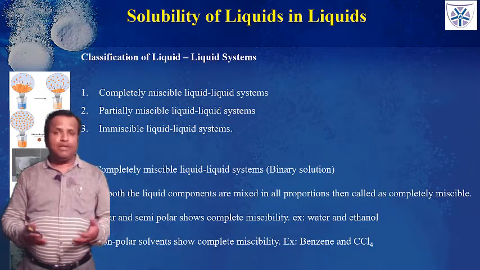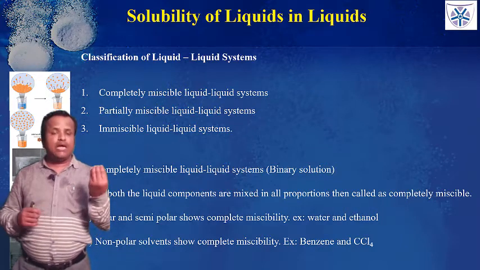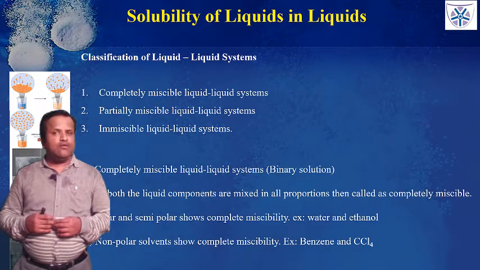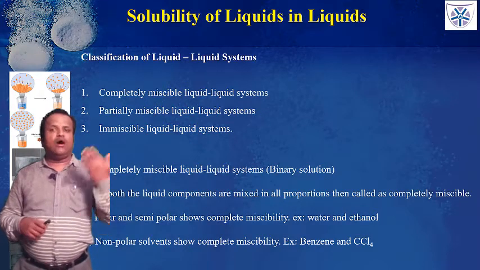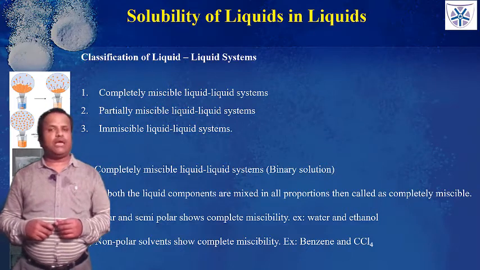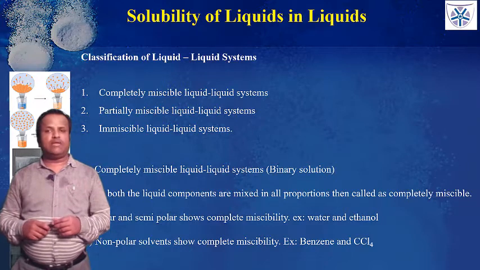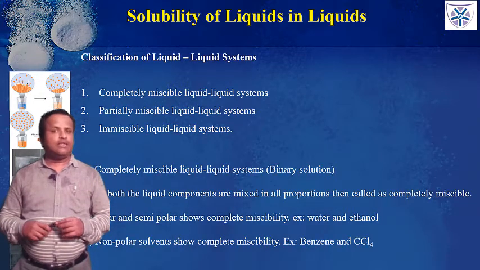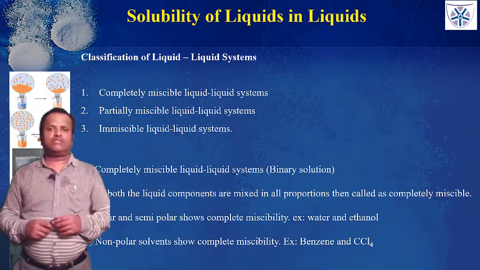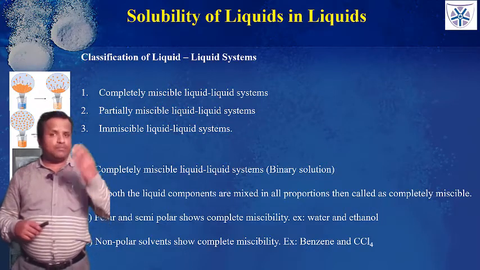For example, if I take an organic and an aqueous layer, organic solvent examples are acetone, methanol or benzene. Particularly, carbon tetrachloride is an organic solvent and an example of a non-polar solvent, where the dipole moment is 0, as we have seen in the previous lecture.